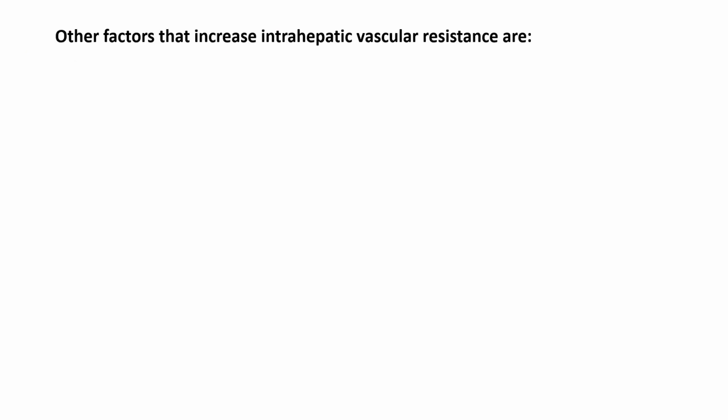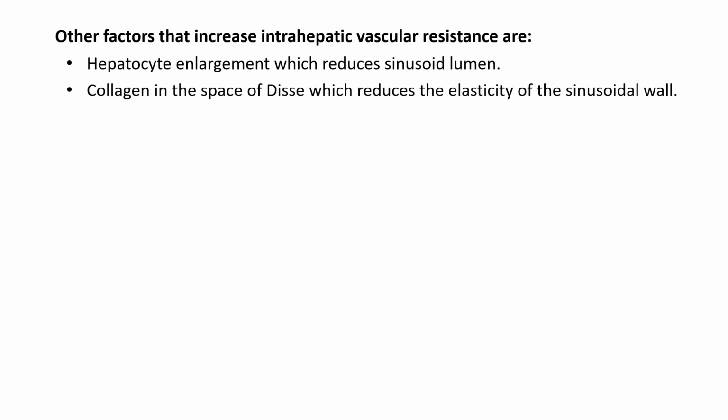Other factors that add to all of this as well, of course, we've got hepatocyte enlargement. That hepatocyte enlargement is going to reduce the sinusoidal lumen further. We've got the fibrosis, we've got collagen in the space of Disse. That reduces the elasticity of the sinusoidal wall.